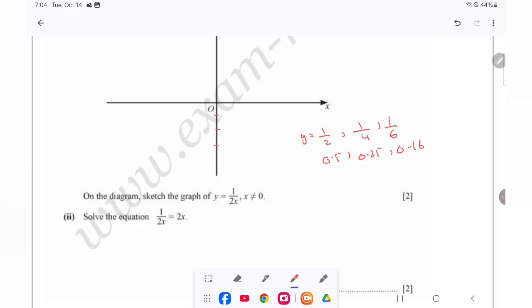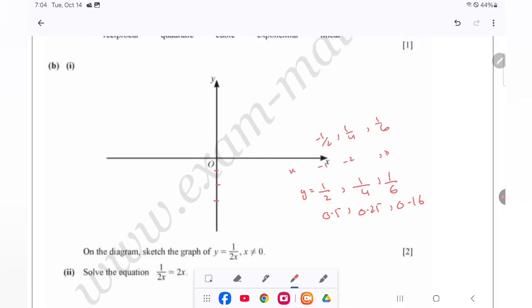And when we put negative values, like negative 1, negative 2, negative 3 for x, it will give you negative half, negative 1 over 4, negative 1 over 6.